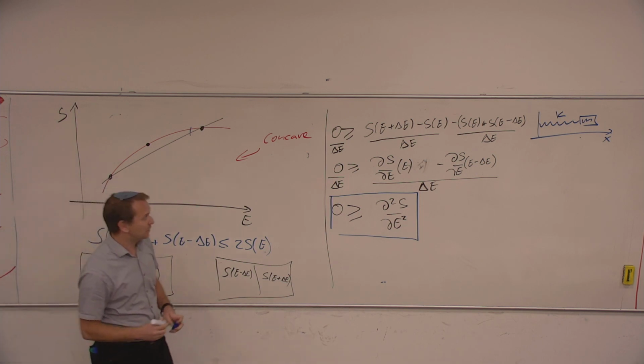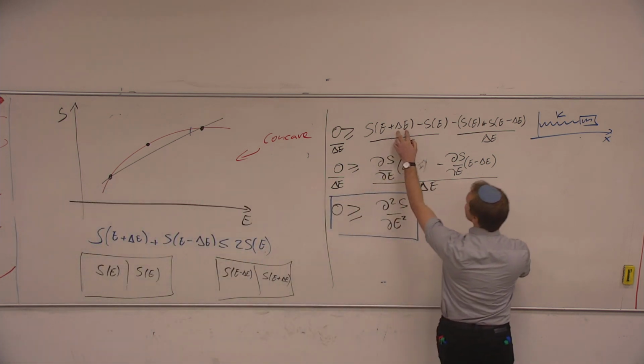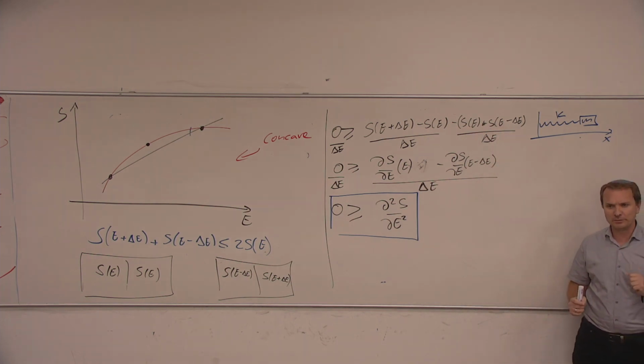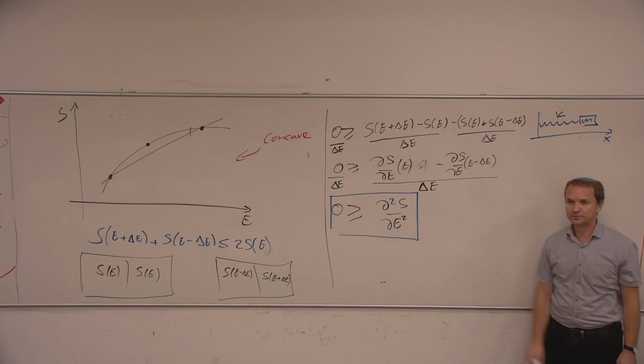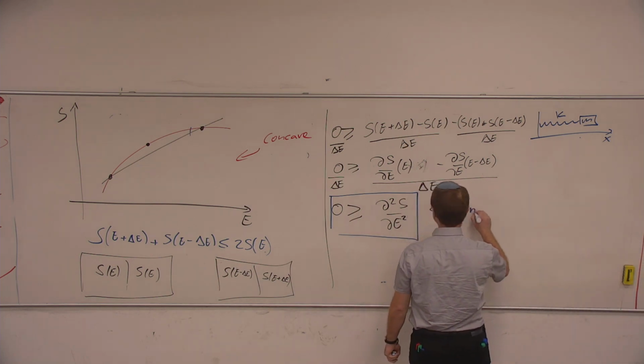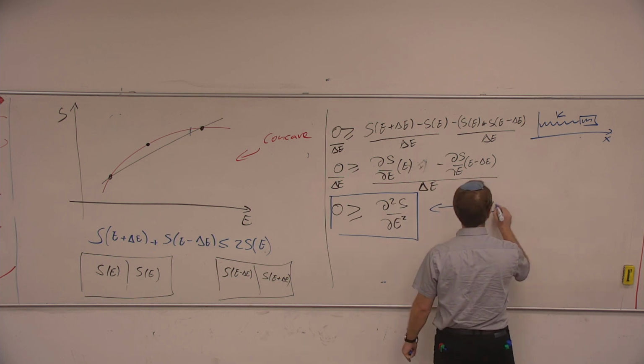Exactly at the equilibrium. So what are those delta E's? I shifted myself a little bit to the left and a little bit to the right from the equilibrium. E is the equilibrium. And this is very important in equilibrium.